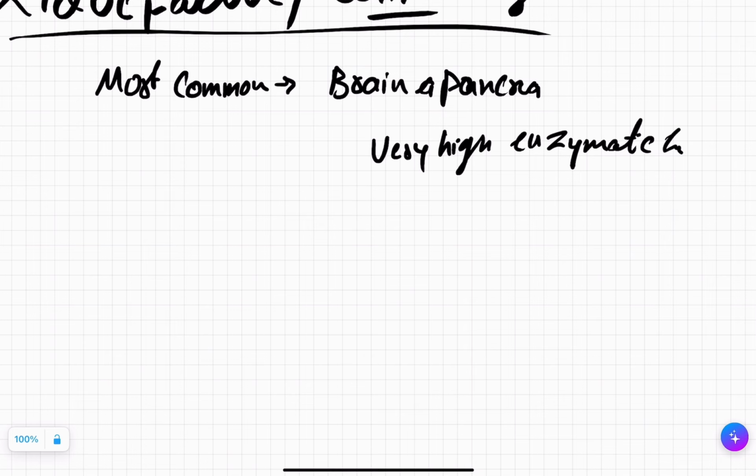Pancreas has a large category of digestive enzymes. So if that organ is releasing digestive enzymes inside itself, what will happen? The pancreas will start digesting itself, and upon the digestion, it will form a liquid mess, right? So most common organs are brain and pancreas.